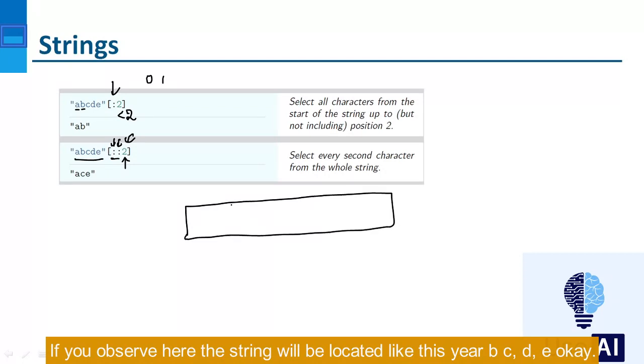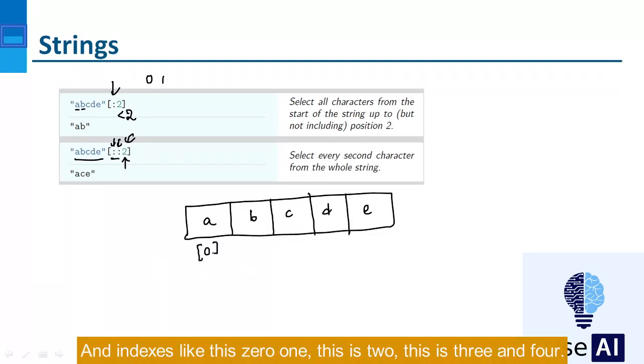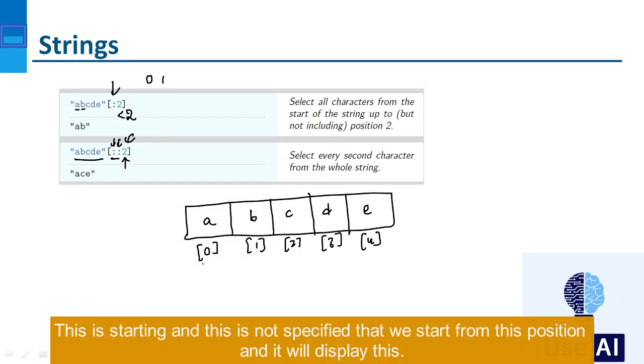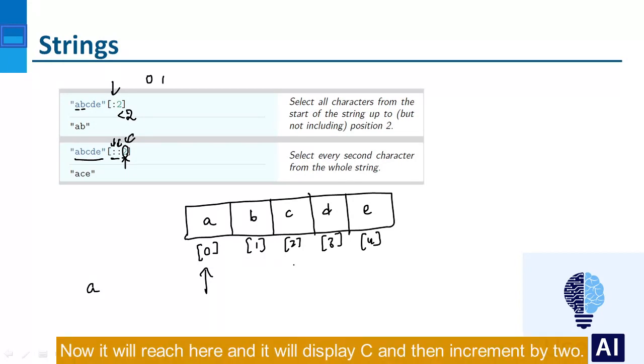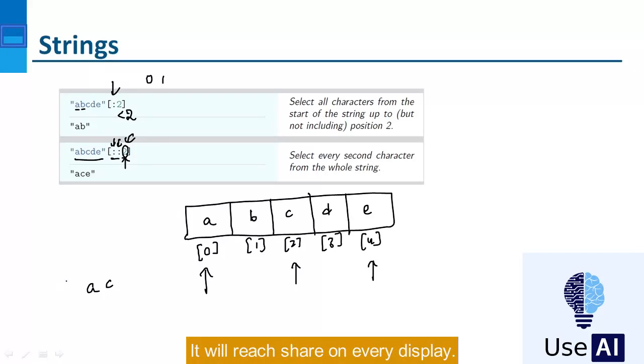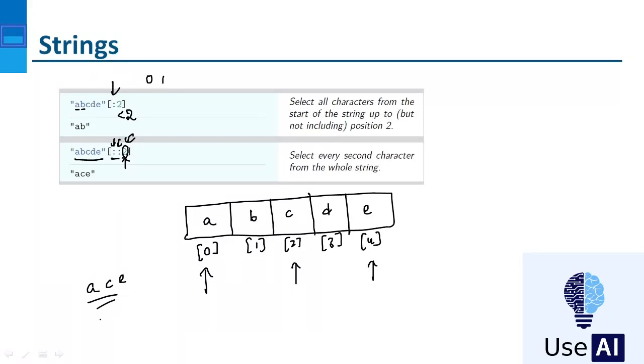If you observe here, the string will be located like this: A, B, C, D, E. And index is like this: 0, 1, this is 2, this is 3 and 4. Since the starting index is not specified, it will start from this position and it will display this. After that, it will increment by 2. Now it will reach here and it will display C, and then incrementing by 2, it will reach here and it will display E. Like this.